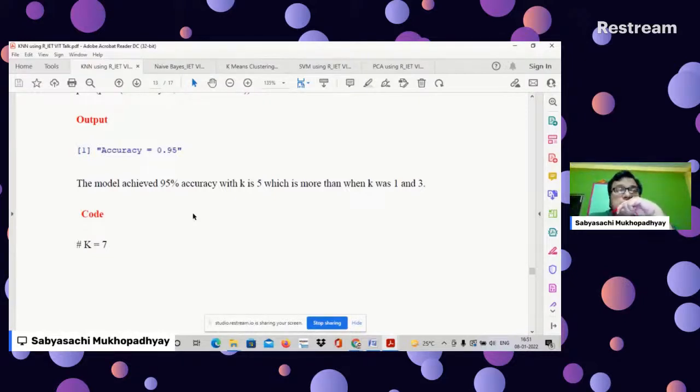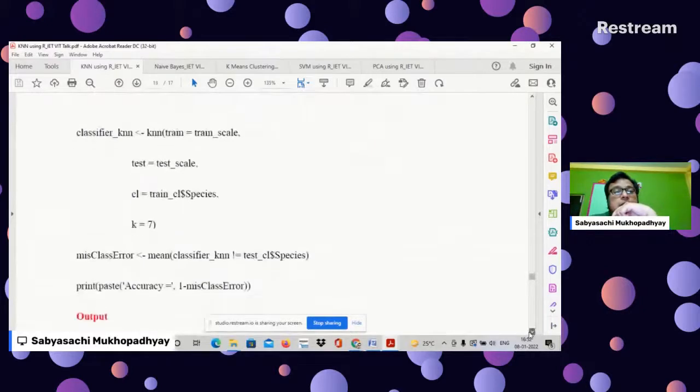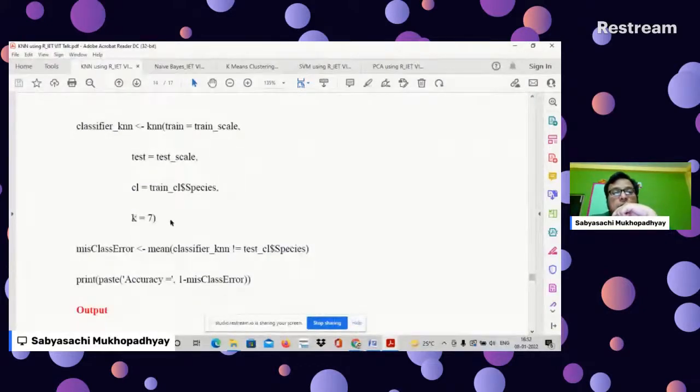Let us try out k equals to 7. Now you know that in any programming language, when you use the hash sign and then write something, it comes under a comment. It will not be executed as code. So for k equals to 7, we have added the hash sign. Now we are trying out k equals to 7. All the coding steps will remain the same, only we will put the value k equals to 7.